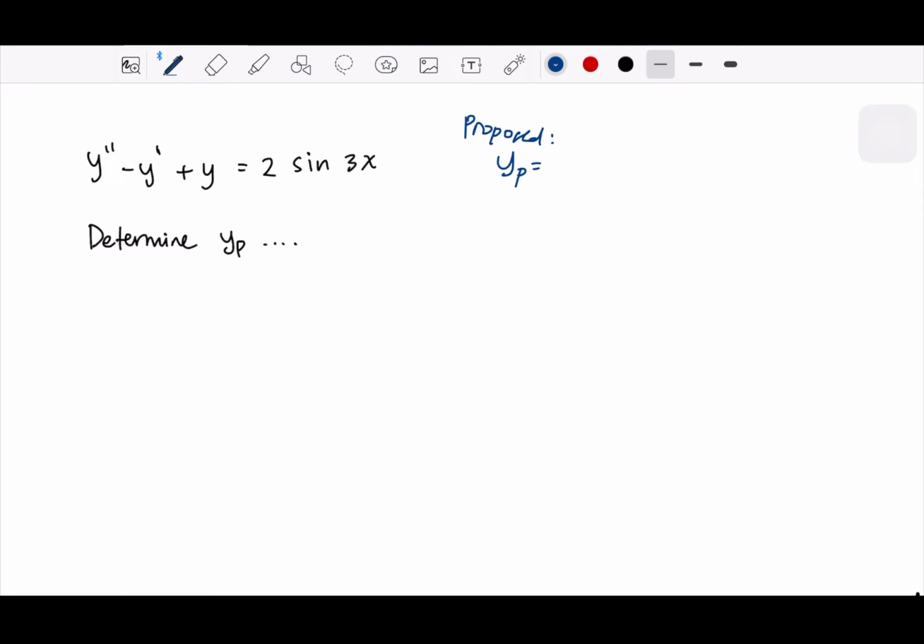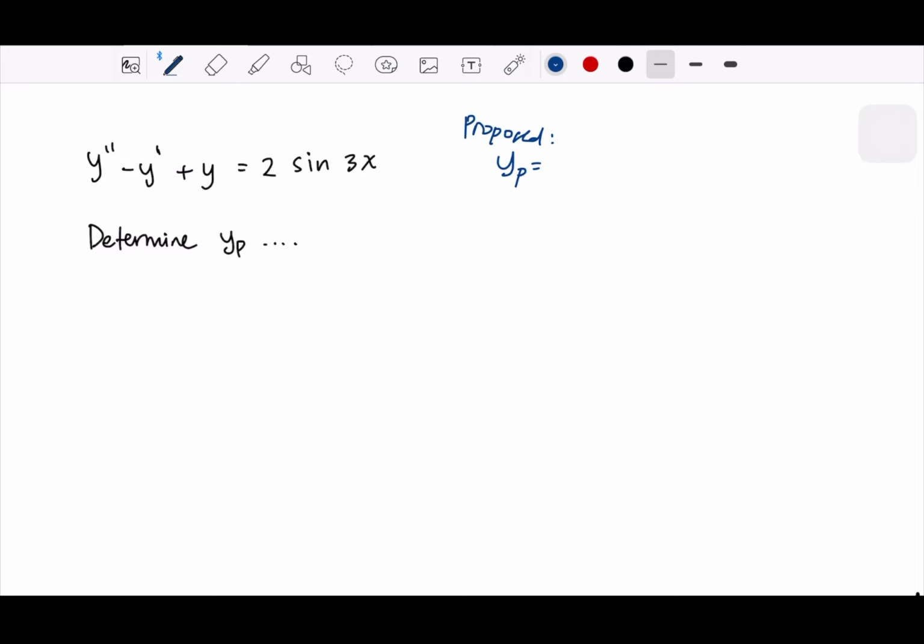But remember, sine, if we derive, becomes cosine, right? Because sine and cosine complement each other in trigonometry, the best way to propose the form is sine plus cosine.